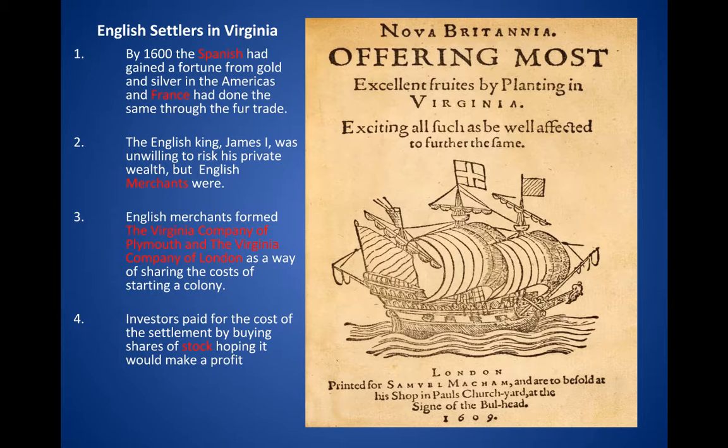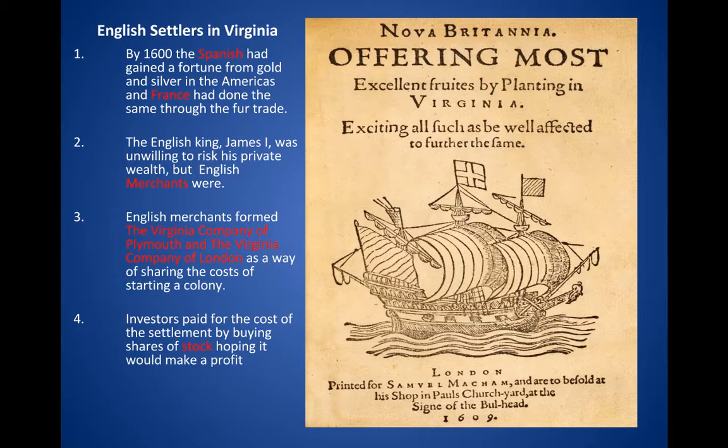So these merchants talked investors, they talked people into putting up some money. They said, okay, we'll give you some money. Go start a colony in the Americas, and with that colony, do something that makes money for us back here in London. And the way they are going to do this is to be farmers.